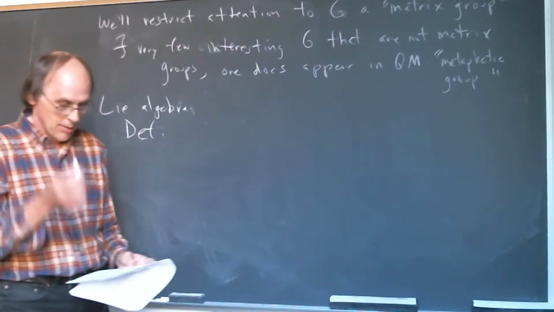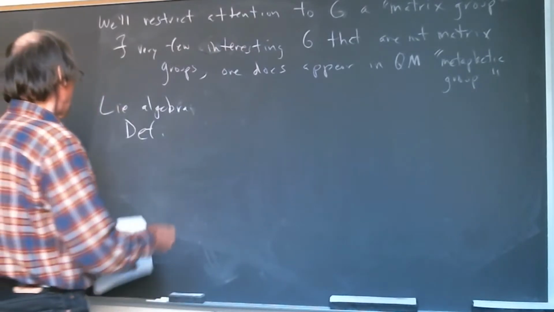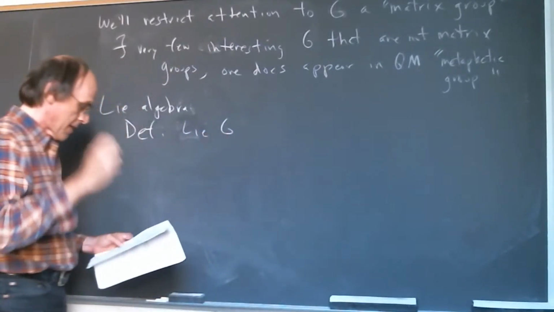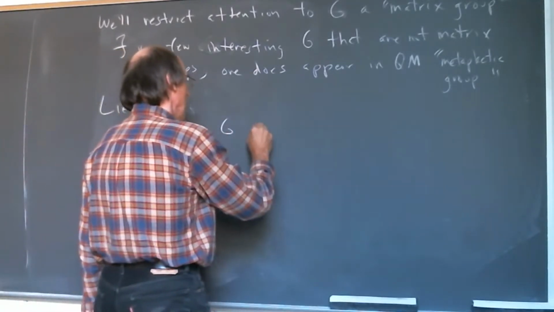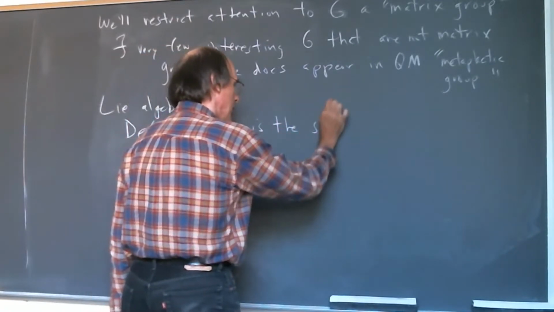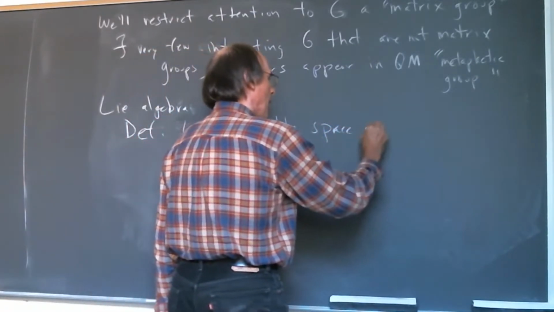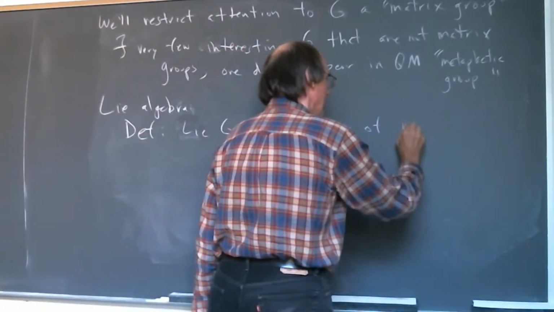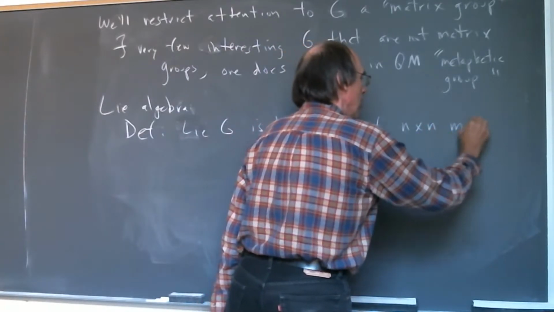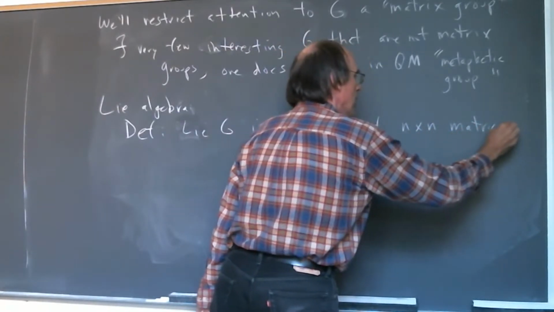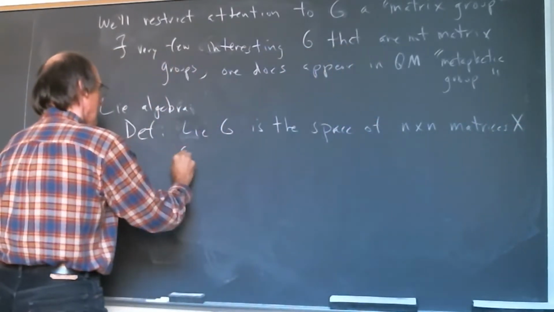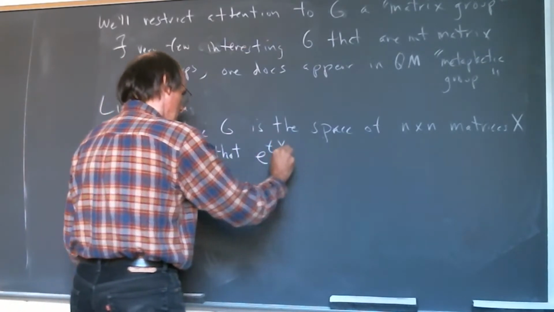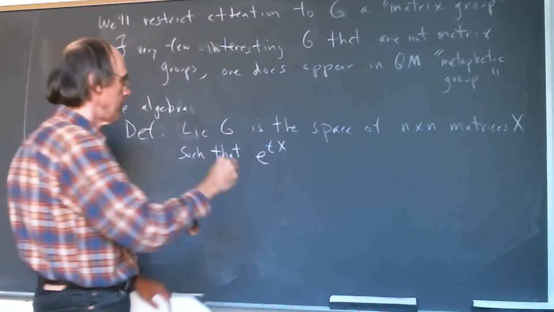The Lie algebra of G, Lie G, is the space of n by n matrices X such that e to the tX is an element of G.